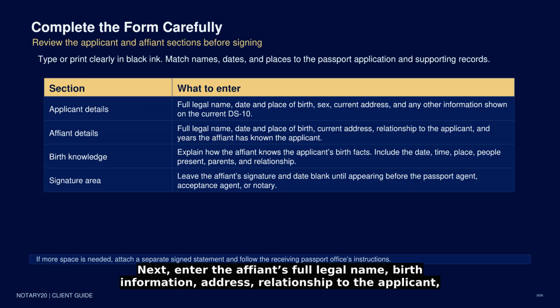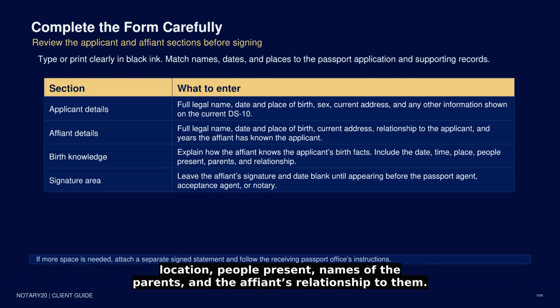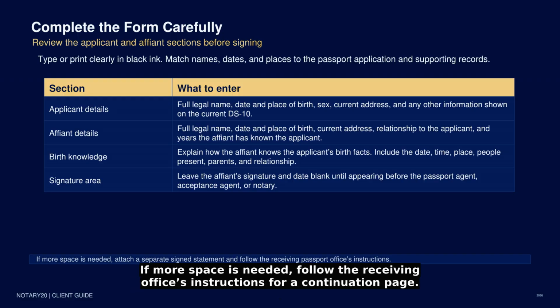The most important part is the detailed statement. Explain how the affiant knows the birth facts, including the date, time, location, people present, names of the parents, and the affiant's relationship to them. If more space is needed, follow the receiving office's instructions for a continuation page. Do not sign yet.